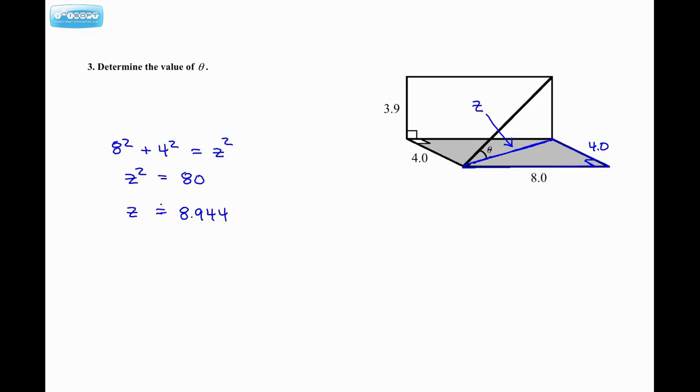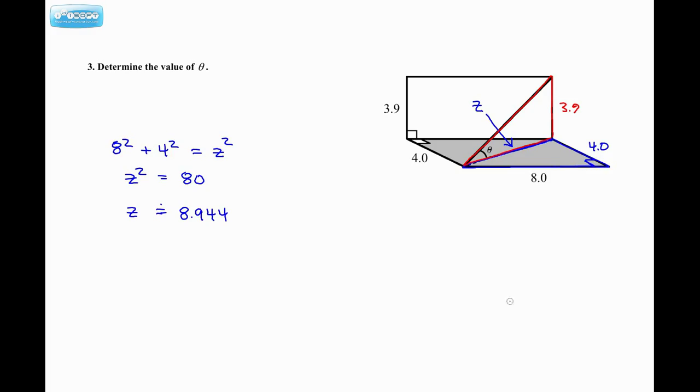Well, how does that help us? Remember, we have a rectangle here standing up. So if that's 3.9, so is this. I think I know where to go. So this triangle right here in red, let's put that there. Theta, the opposite, is 3.9, and the adjacent is Z, 8.944.